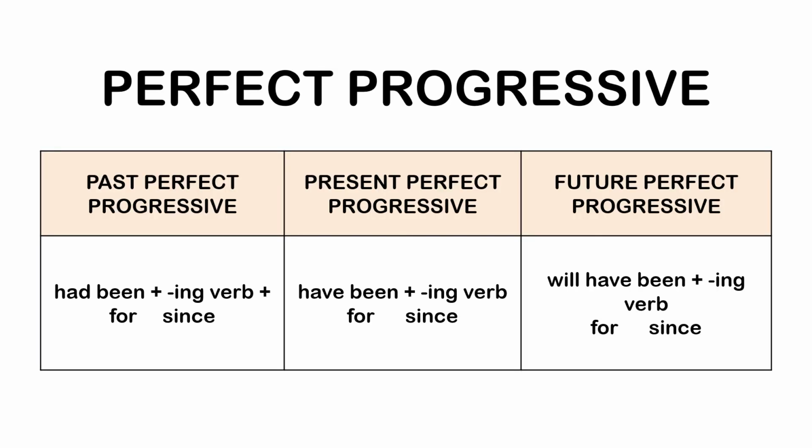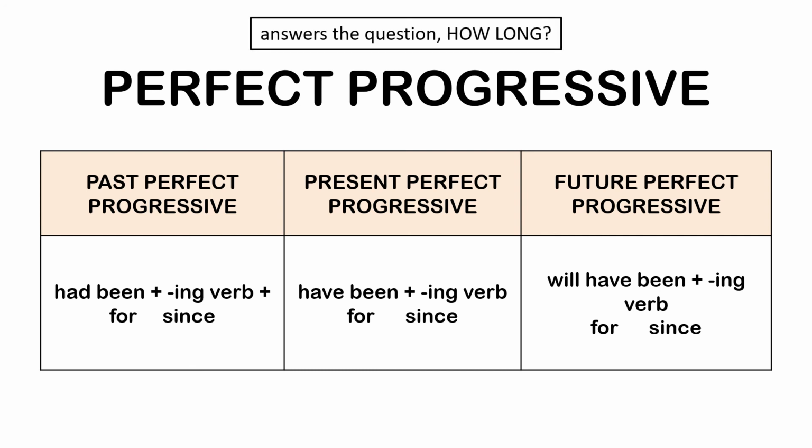To sum it up, perfect progressive answers the question, how long? Gaano katagal? Gaano katagal mo nang ginagawa yung verb na ginagamit doon sa sentence? So, in past perfect progressive, we use had been plus ing verb plus for, yung word na for or since.